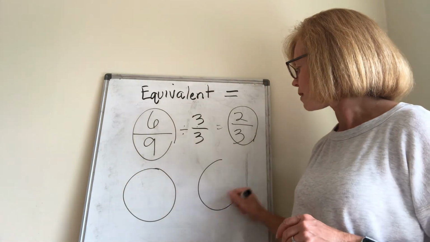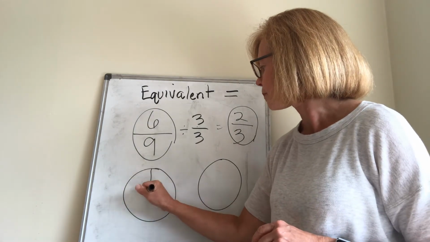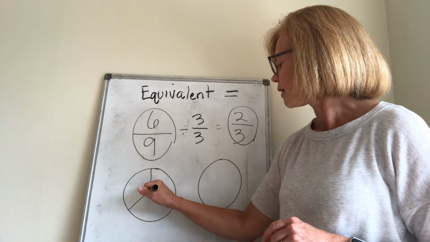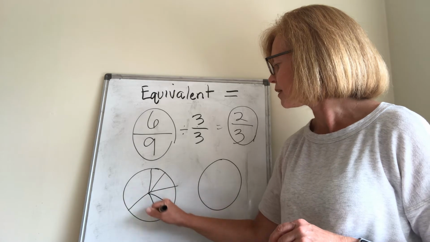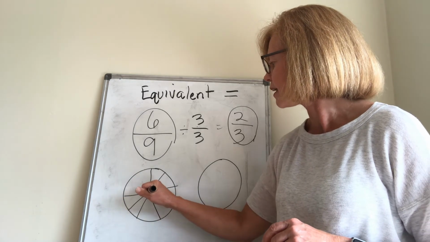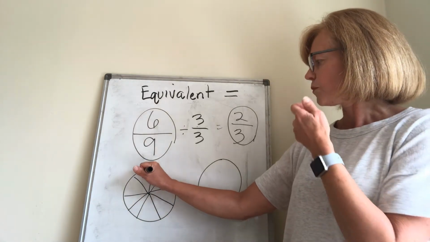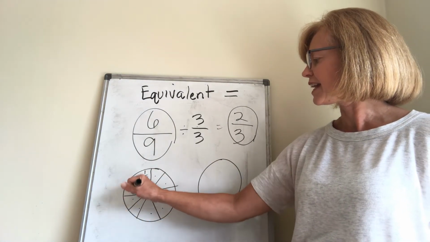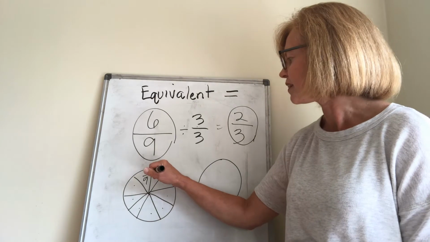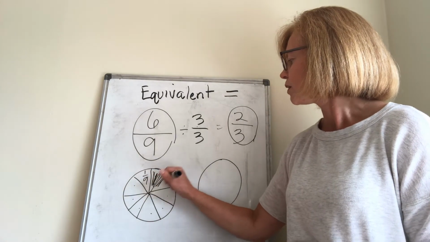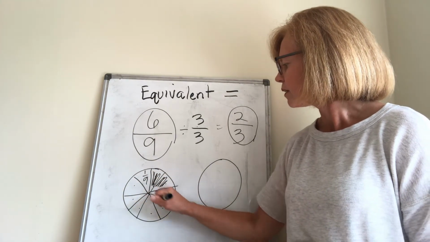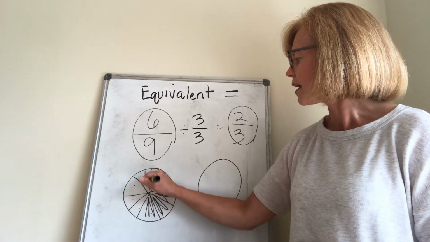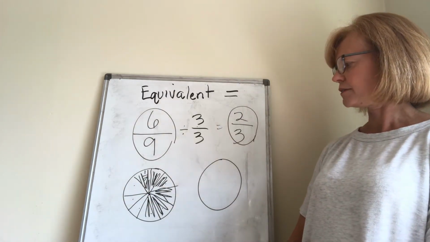So here are my pizzas, right? And this is a pizza cut into 9 pieces, right? 1/9, 2, 3, 4, 5, 6, 7, 8, 9/9. I'm having 6 of those pieces. 1, 2, 3, 4, 5, 6.